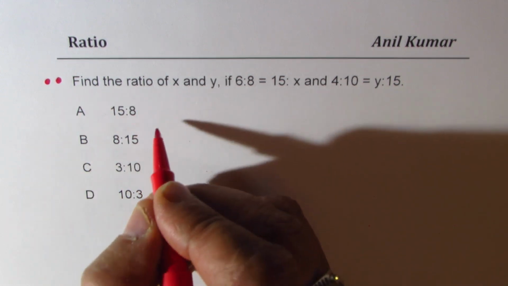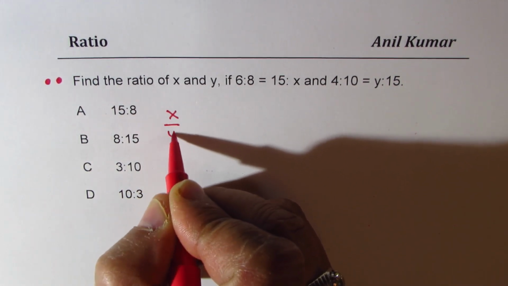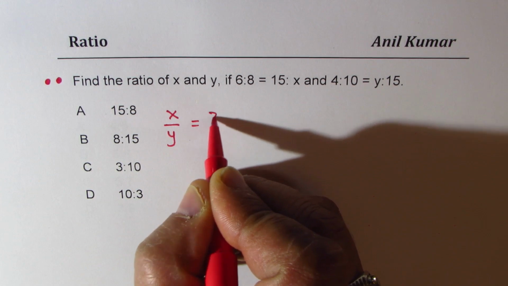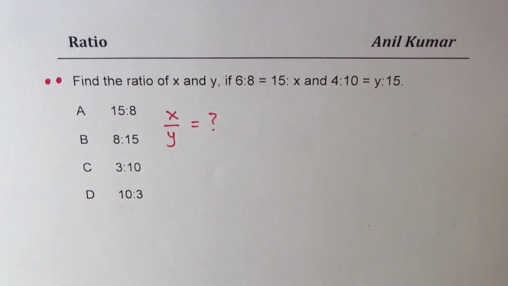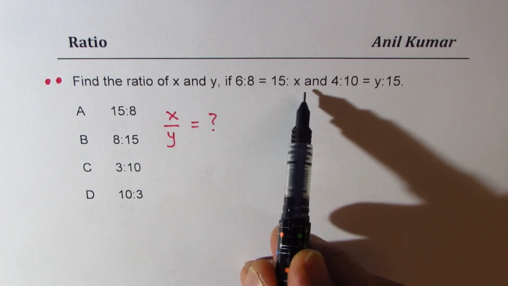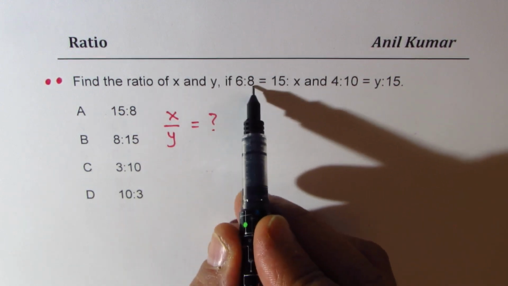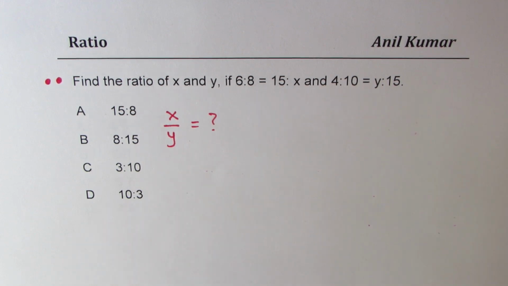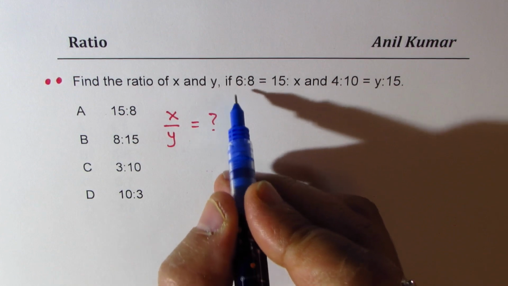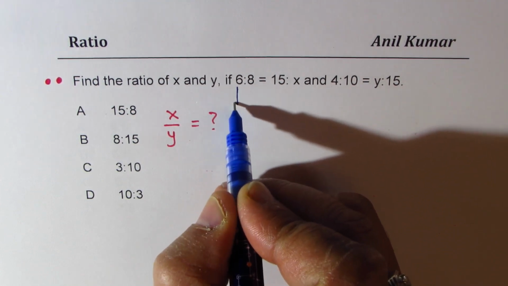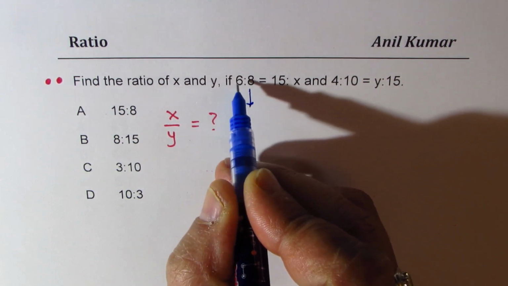Ratio of x to y is x over y equals what, right? So that will give us the ratio. Perfect. Now one way, of course, is to figure out the ratio as, we have 6 is to 8 is 15 is to x. Since 15 is not a multiple of 6, we could reduce this side. So this could be written as what?